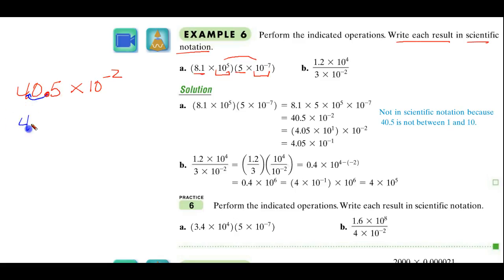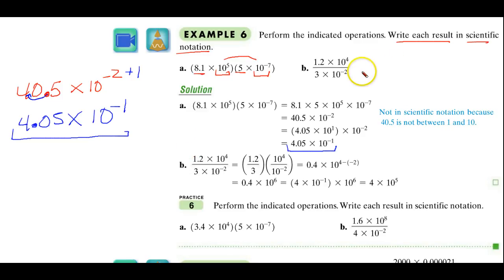So now we have 4.05 times 10, but we moved it over one place to the left, so we have to add one power of 10, so this becomes negative 1. Now this is in scientific notation.